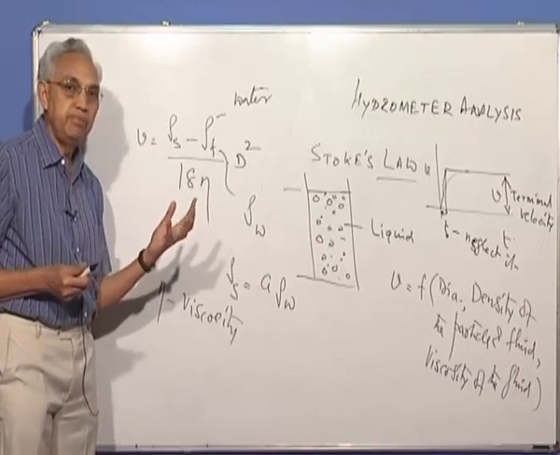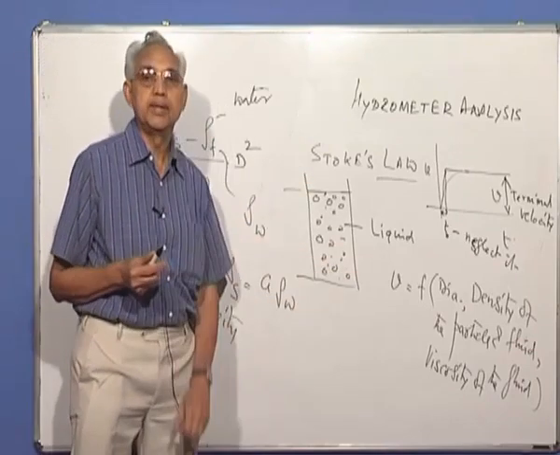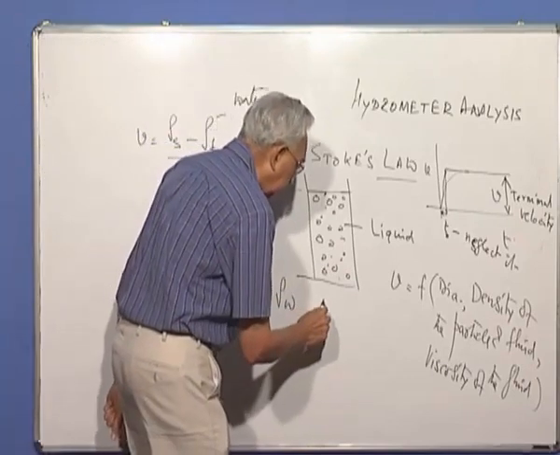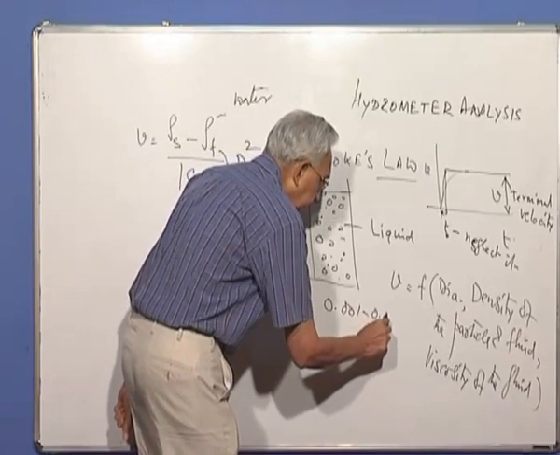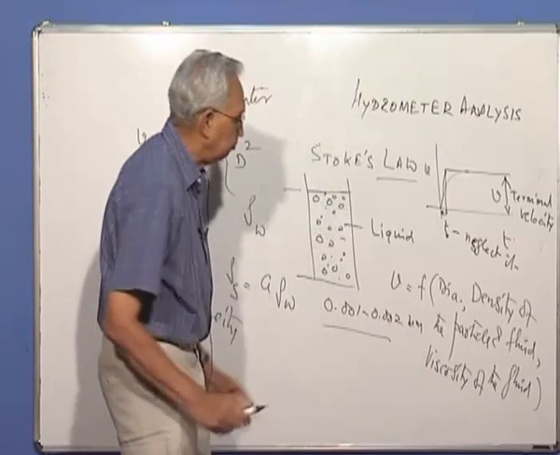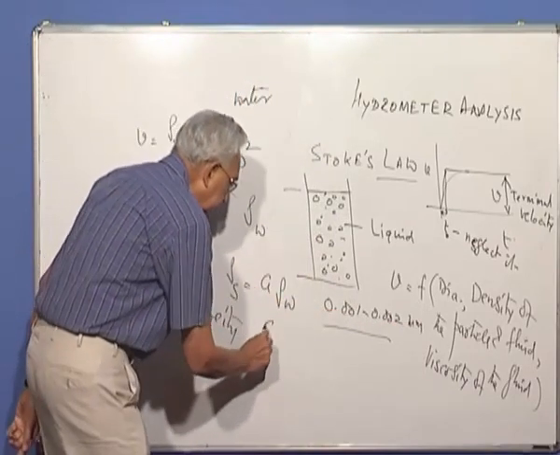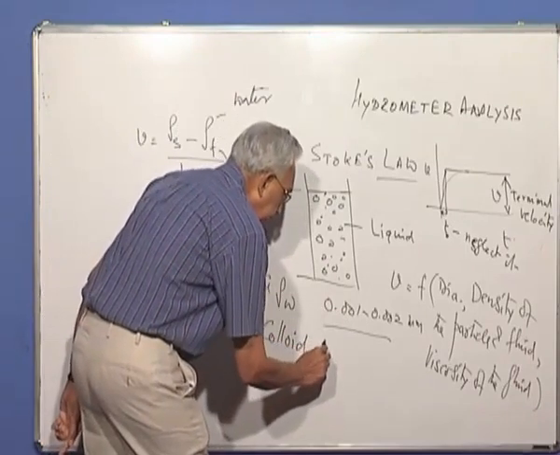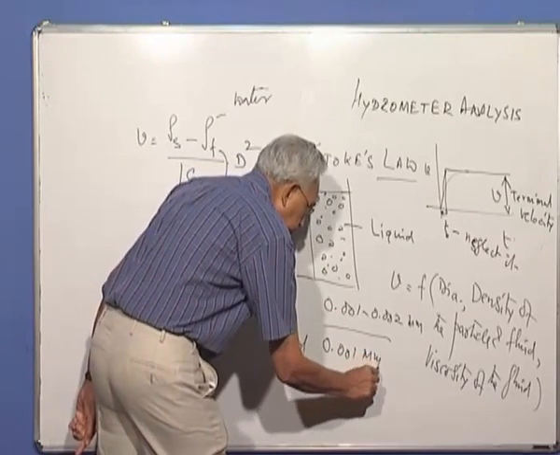And finally, we wait up to 24 hours and expect all the particles that are likely to settle will settle. And the smallest fraction, obviously, is somewhere around 0.01 to 0.02 millimeters. Can you say why? Because you know that a colloid is defined as, in physics again, a particle of 1 micron or 0.01 millimeter.